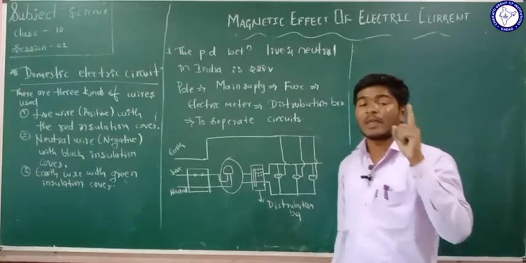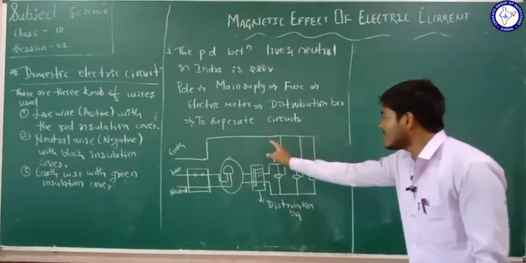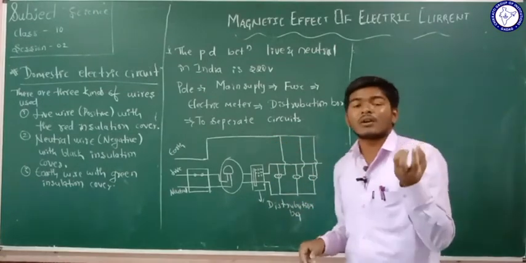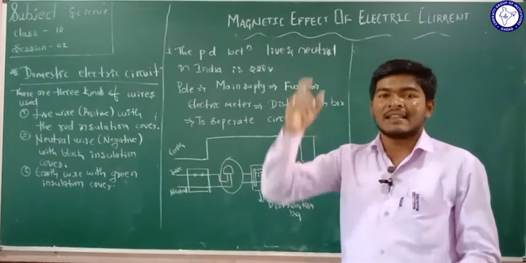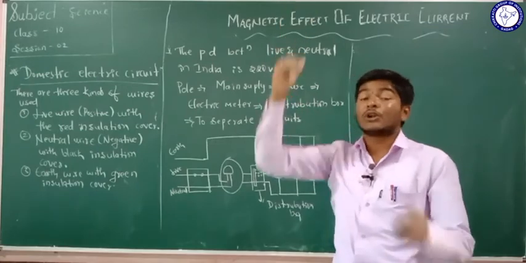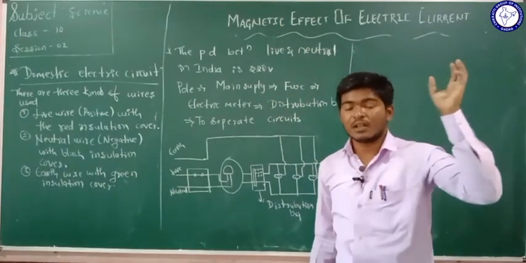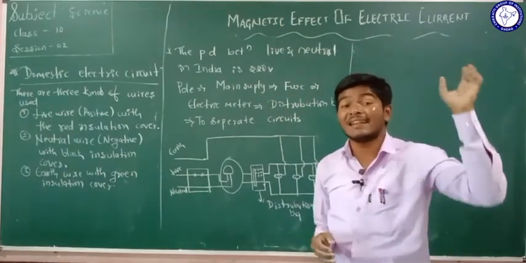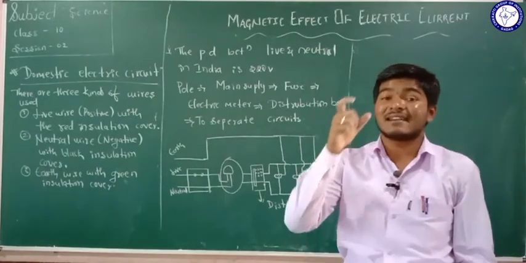And there is another most important use of the earthing wire. If you look at new buildings, an iron rod is placed at the top of the building. Why? To get protection from the lightning effect. Lightning carries an electric current.